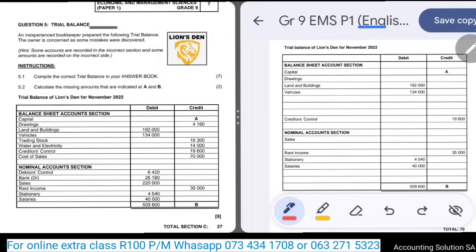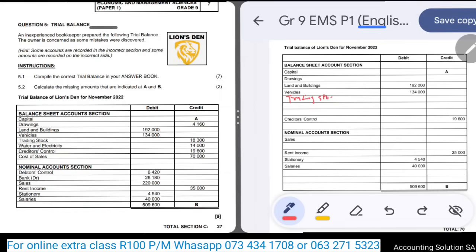So what we have to do is make sure that everything is written on the correct side. Okay, so now let's check. If you check, the trading stock, debtors control, and the bank were written on the credit side, and that is wrong. They must be written on the debit side.